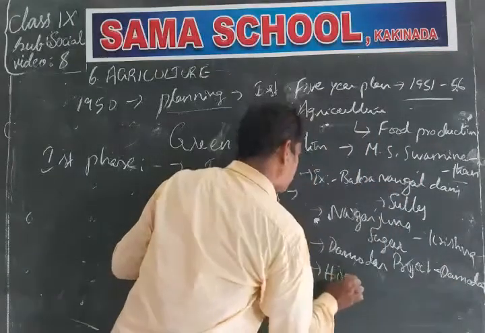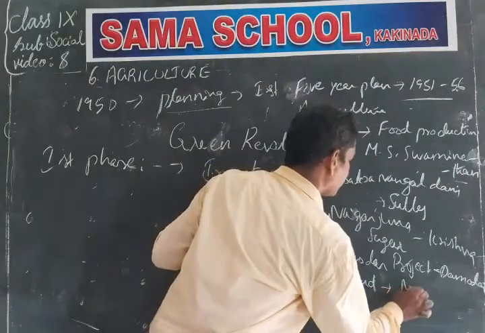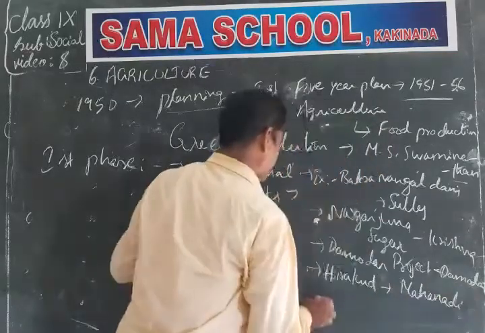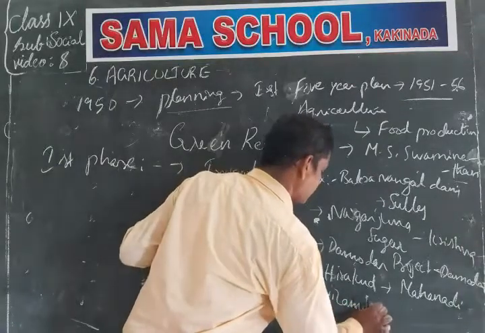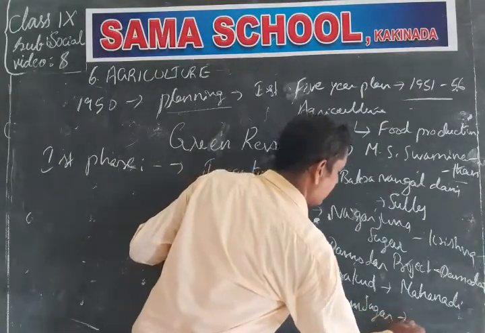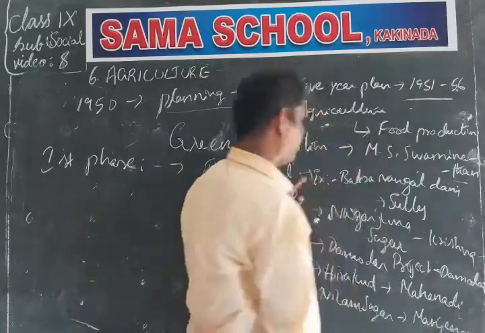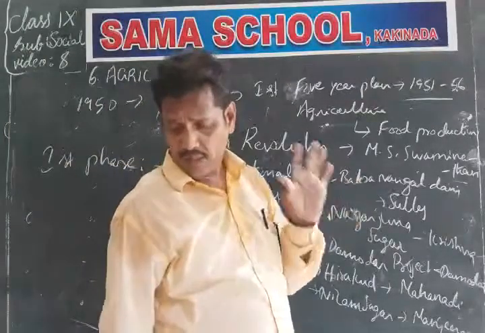And Hirakud project across river Mahanadi. And Nizam Sagar project across river Manjira. In this way, different projects, Tehri Dam, Gandak project, many projects are there along with all this.